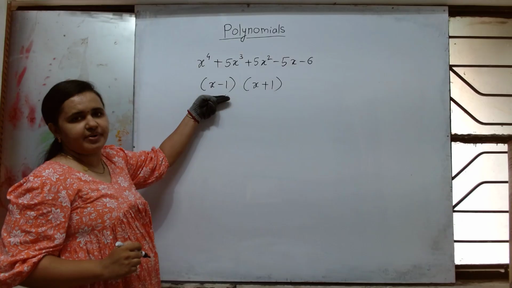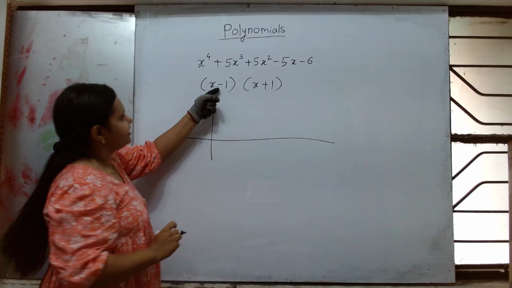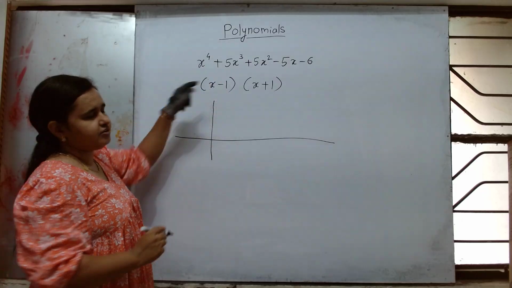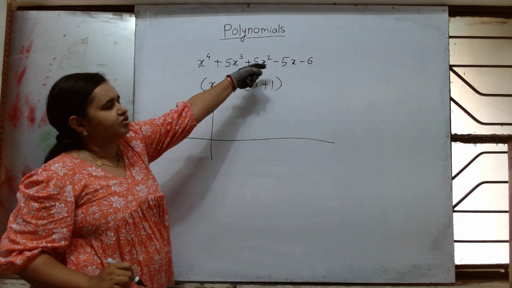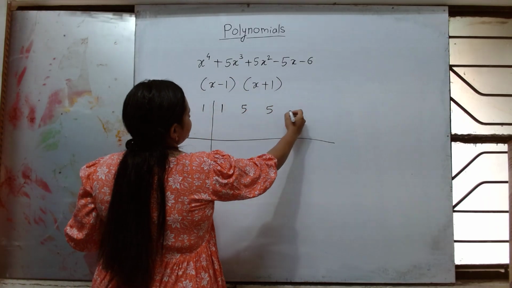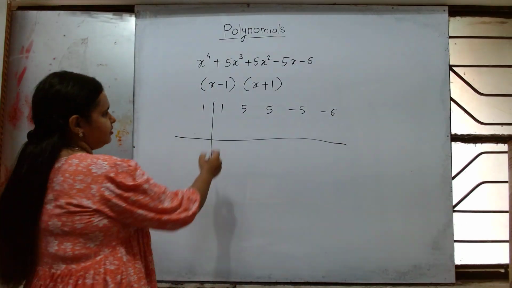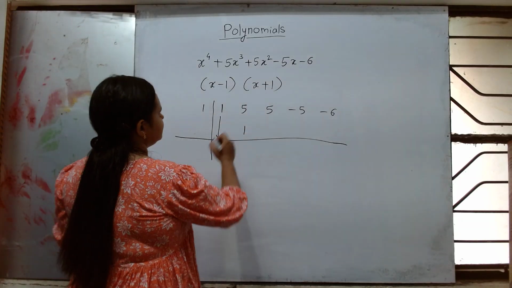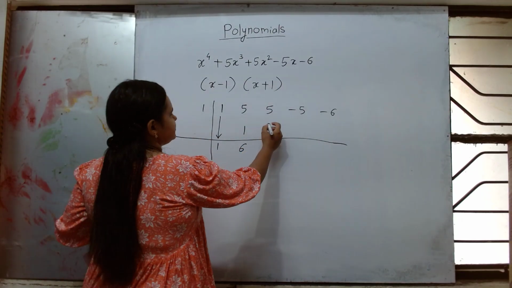So if I take x minus 1 first, x will be equals to 1. And write the coefficients of this polynomial here. It will be 1, 5, 5, minus 5 and minus 6. So 1 I write as it is. Then 1 ones are 1. 5 plus 1 is 6. 1 into 6 is 6.